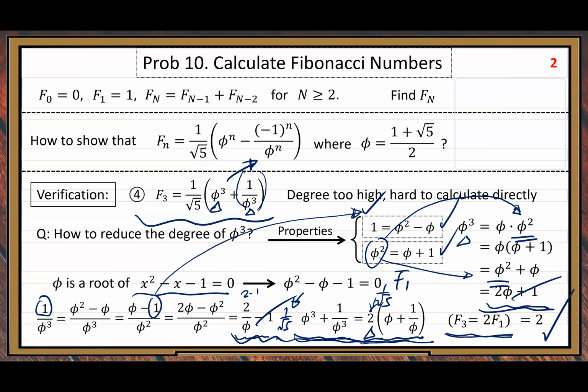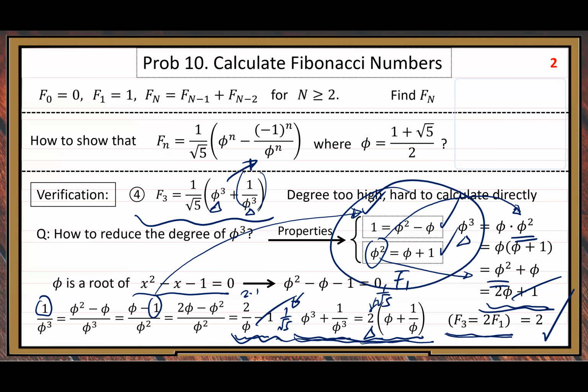So you do another verification. Although this step is unnecessary in our standard mathematical induction, here I just want to show you how to apply the properties of golden ratios to do some manipulation related to polynomials.